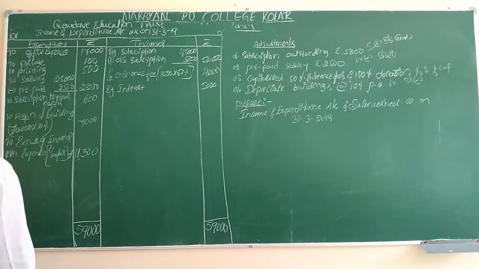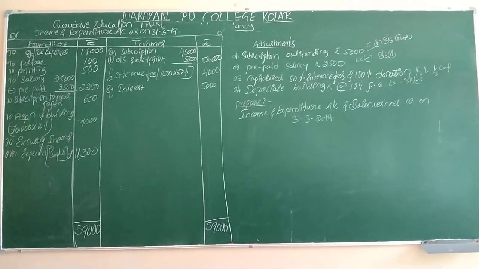So this is the first phase of preparation, the first account we have to prepare. Now we move to the second phase, that is the balance sheet of the not-for-profit organization.